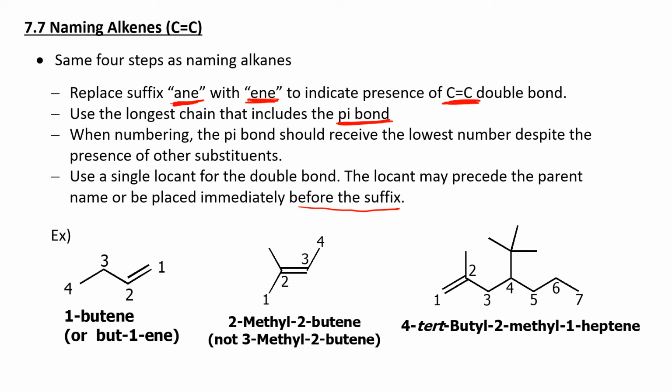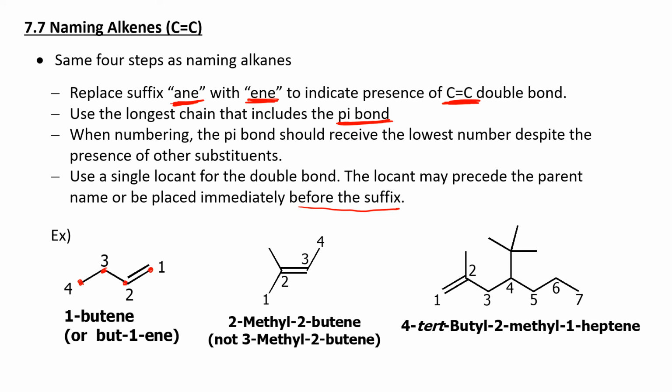Okay, so let's look at a few examples. We'll start with something simple. Now we want to name our parent chain. We're going to find our longest parent chain, 1, 2, 3, 4. That's going to be some form of butene. And we give the alkene the lowest possible number, and we're only going to give it one locant in the name. We're not going to say it's a 1,2-butene.